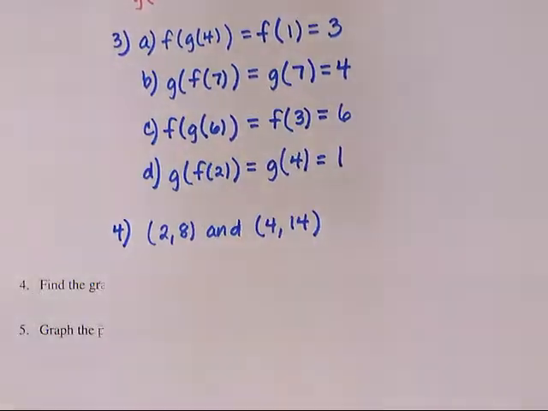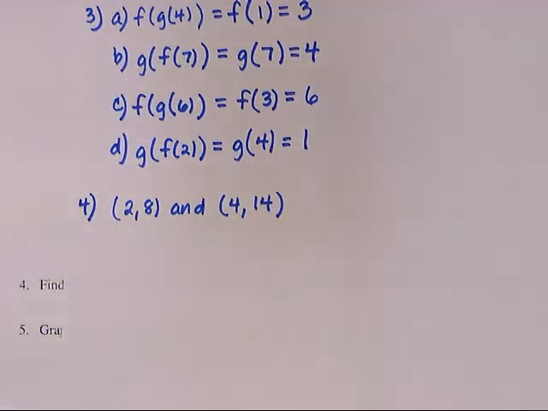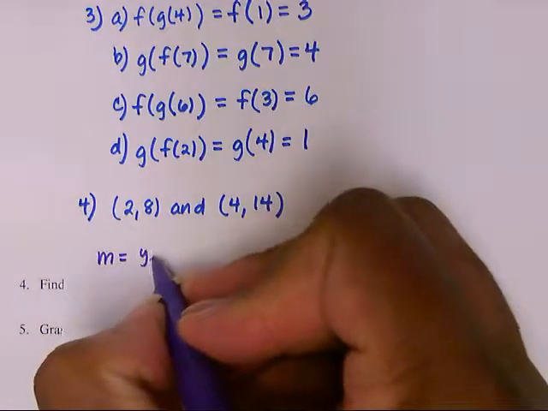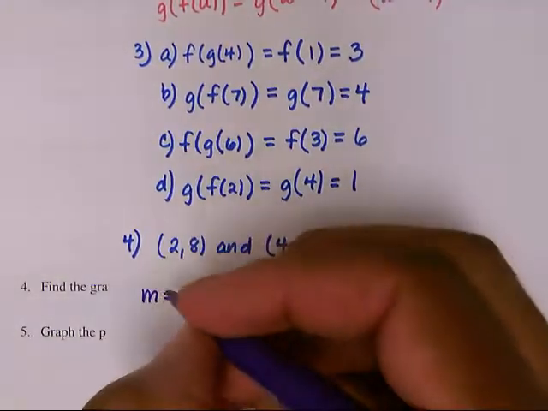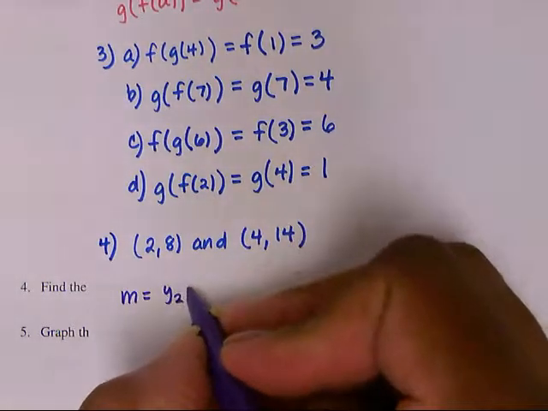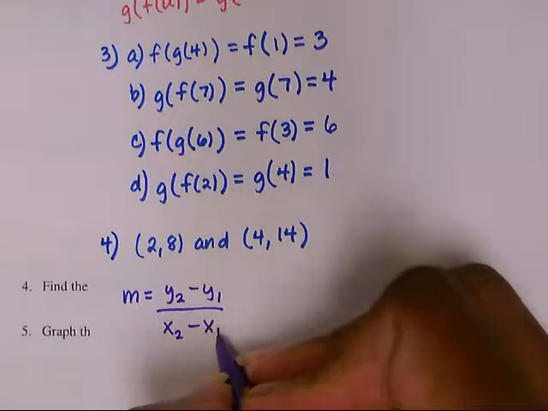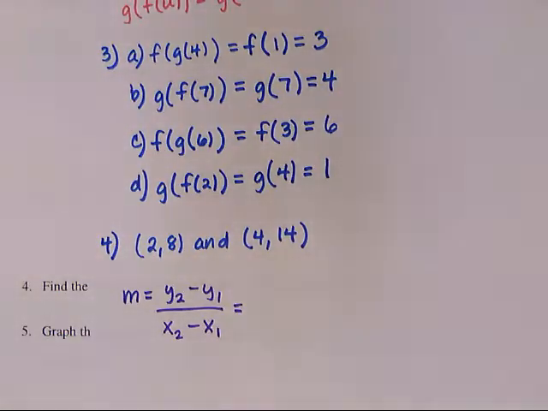But first of all, I need to find out what the slope of that line is going to be. If you remember the slope formula, that's m equals y2 minus y1 divided by x2 minus x1.